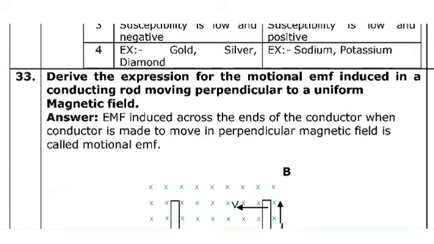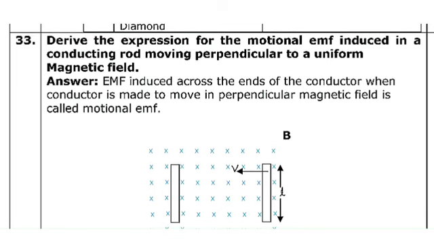Question number 33. Derive the expression for the motional EMF induced in a conducting rod moving perpendicular to a uniform magnetic field. Here is the answer. The EMF induced across the ends of the conductor when the conductor is made to move in a perpendicular magnetic field is called motional EMF.